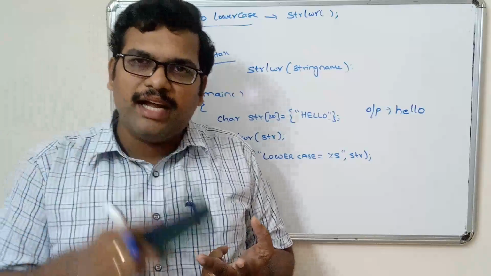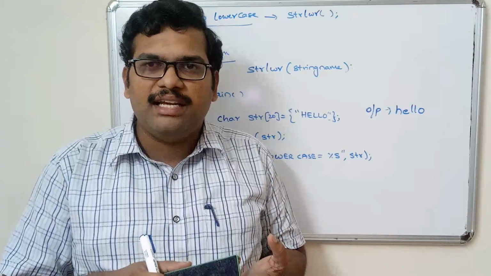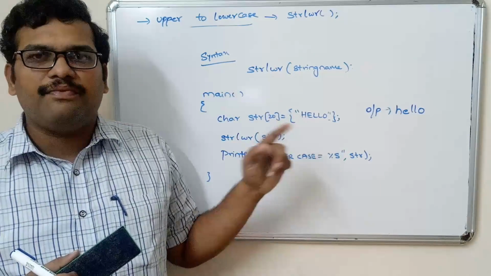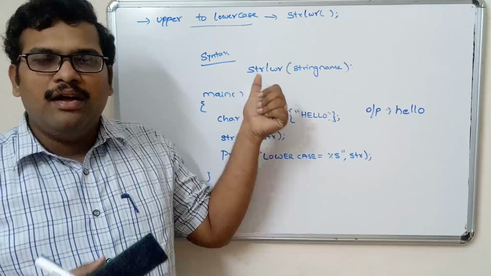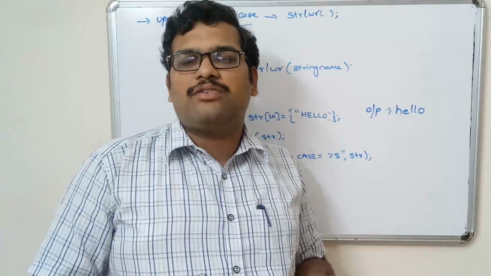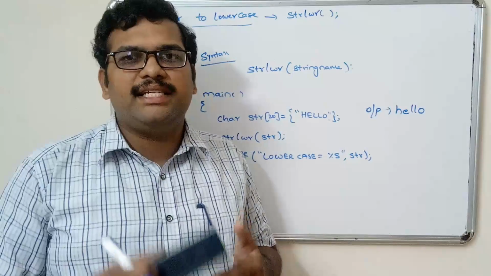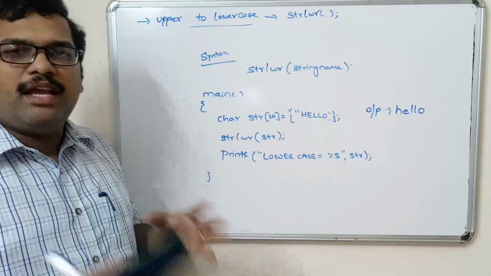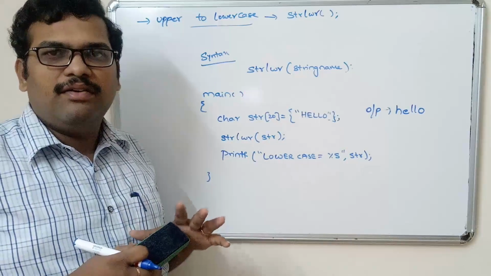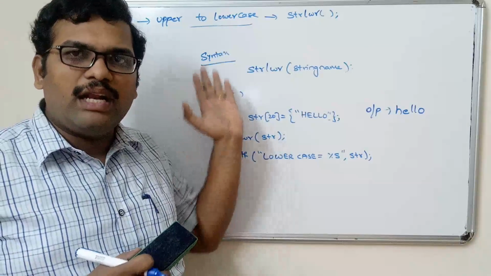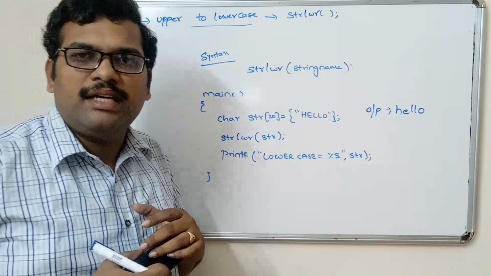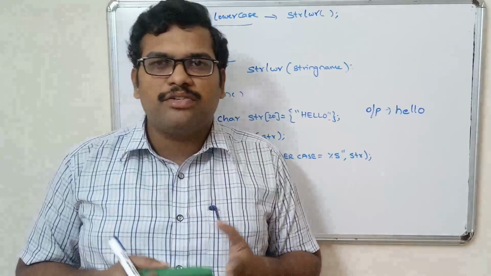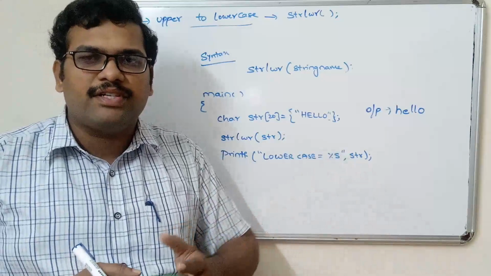We can perform string concatenation without using strcat. So we can convert the lowercase characters to uppercase characters without using strupr. We can convert all the uppercase characters to lowercase characters without using strlwr. So we are just making use of these predefined functions which are implemented in the header file, that is string.h. So hope you understood these string handling functions or string operations, these predefined functions.